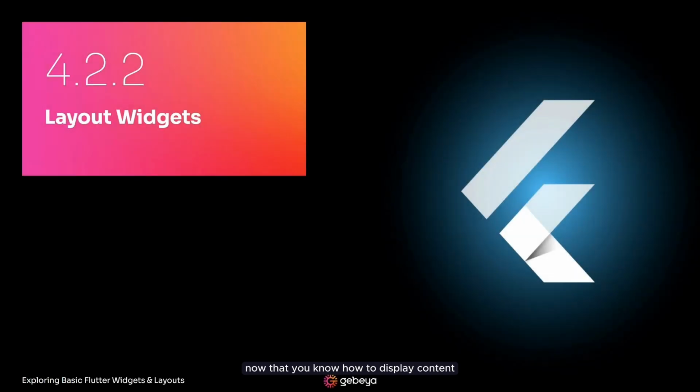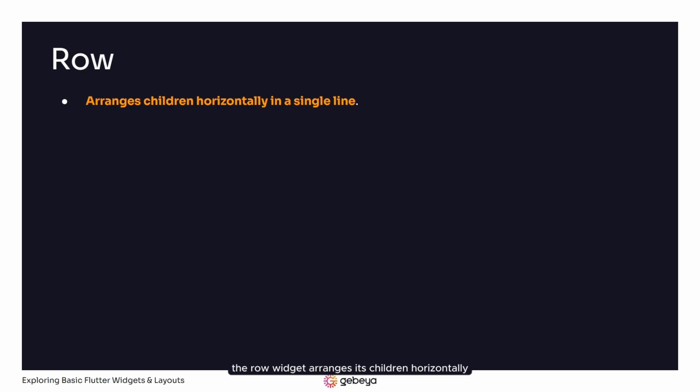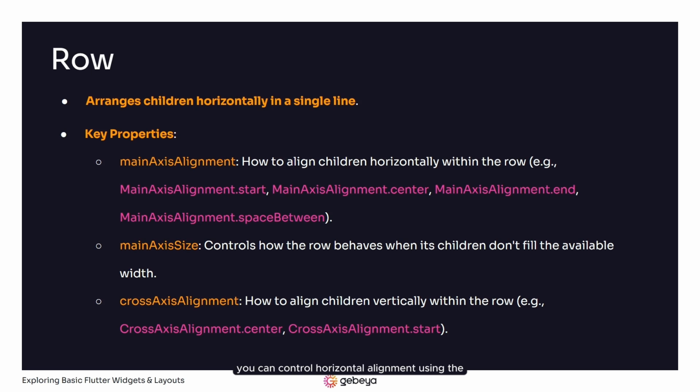Now that you know how to display content, let's explore layout widgets to arrange your widgets effectively on the screen. The Row widget arranges its children horizontally in a single line. You can control horizontal alignment using the mainAxisAlignment property with options like MainAxisAlignment.start, MainAxisAlignment.center, or MainAxisAlignment.spaceBetween.